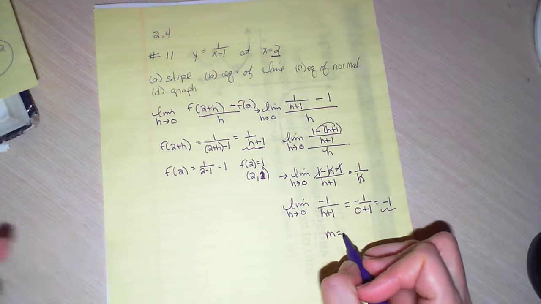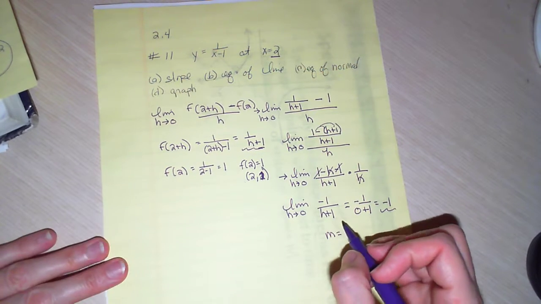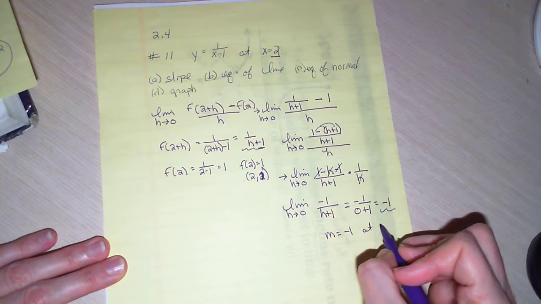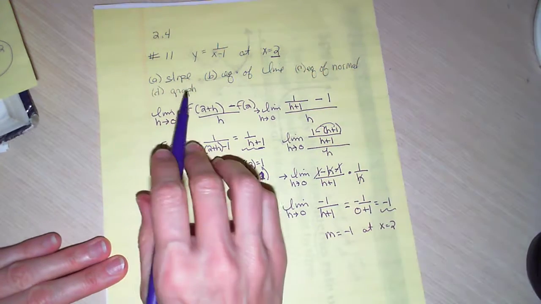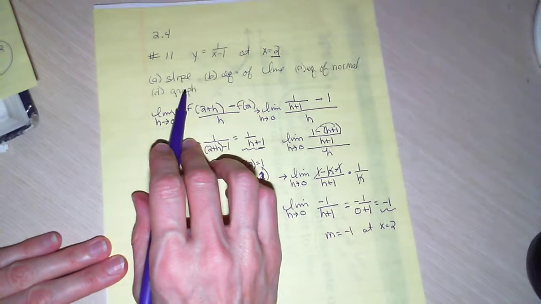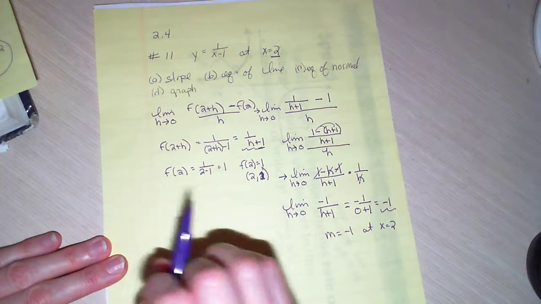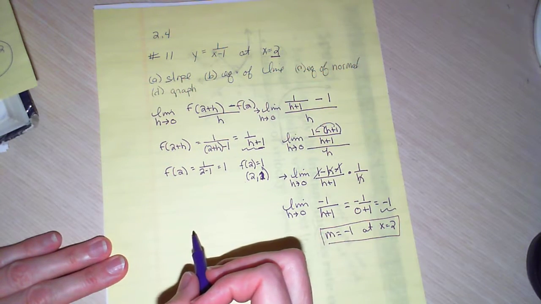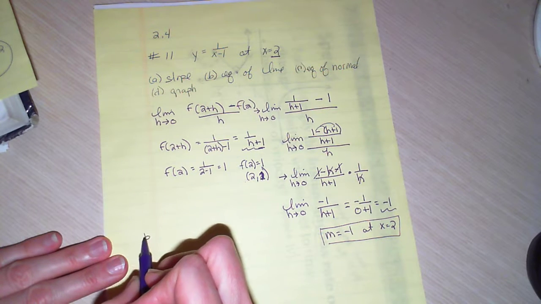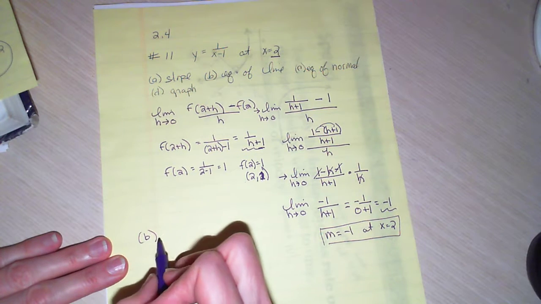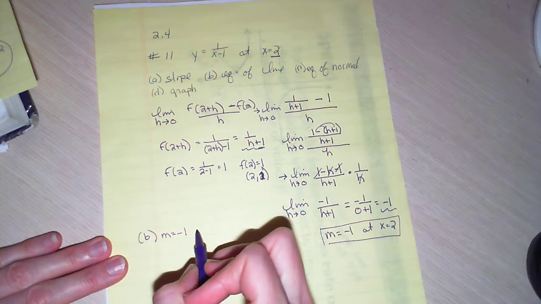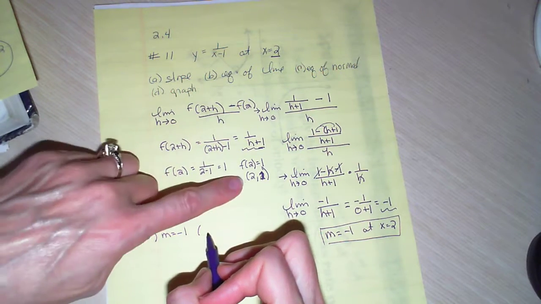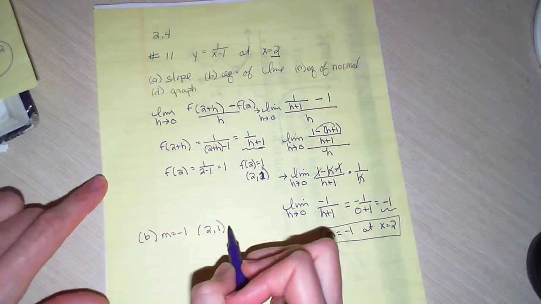So m equals -1 at x equals 2. So part A said, I think part A said just find the slope. So that would be part A. Part B said write an equation. So I'm going to do part B over here. And so my slope is -1 and my point is 2, 1.